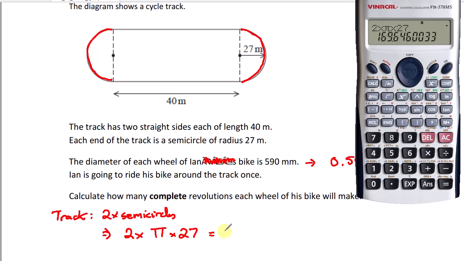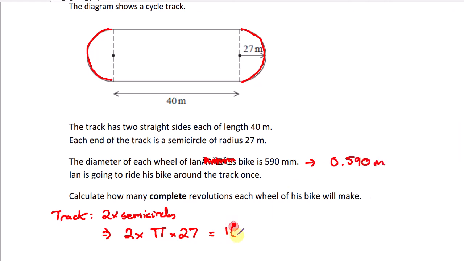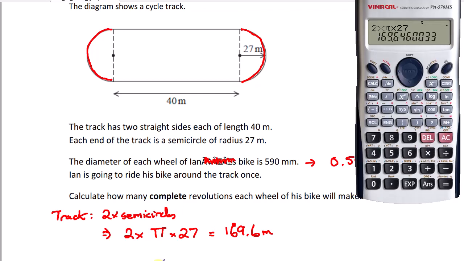And that gives me 169.6 metres, but I'm not going to rely on that distance. That's to get maybe 2 marks. What I'm going to do is store this in part of my distance. Store that in my distance.